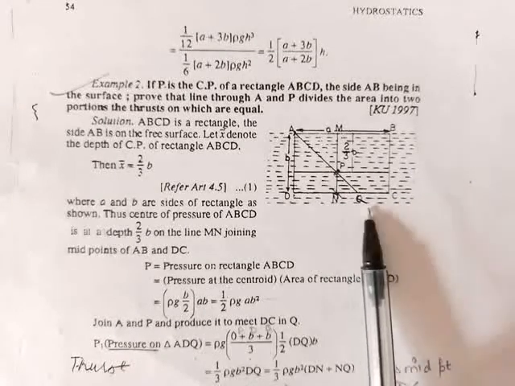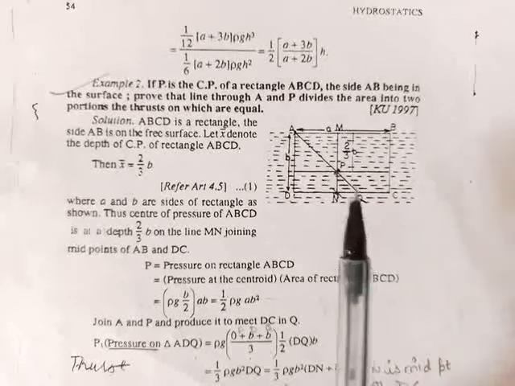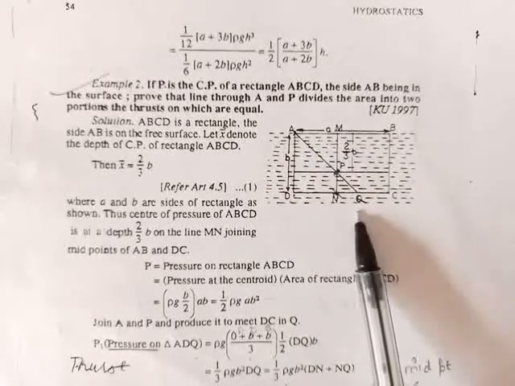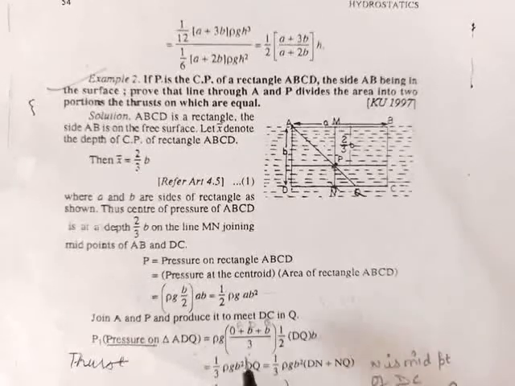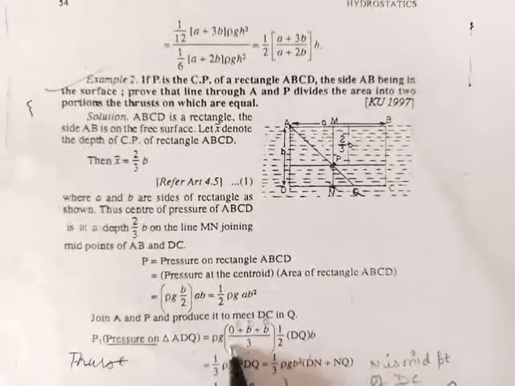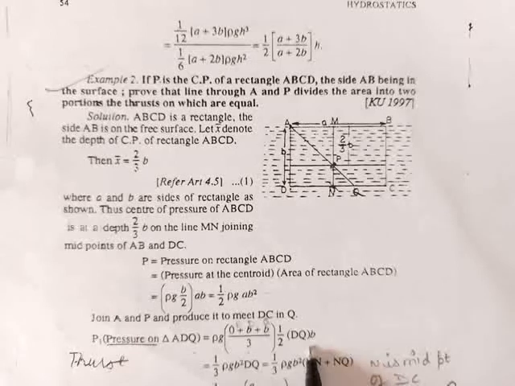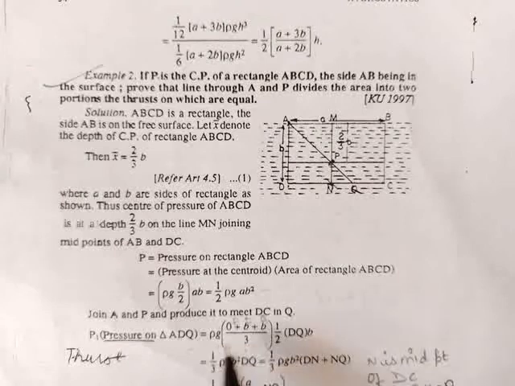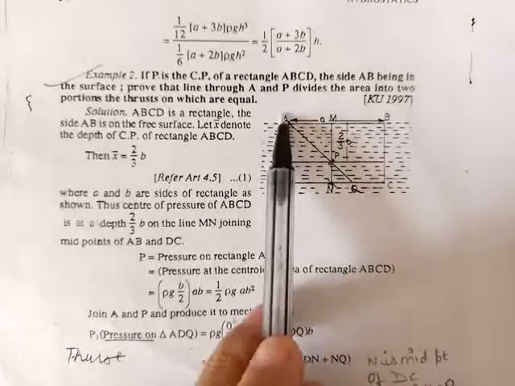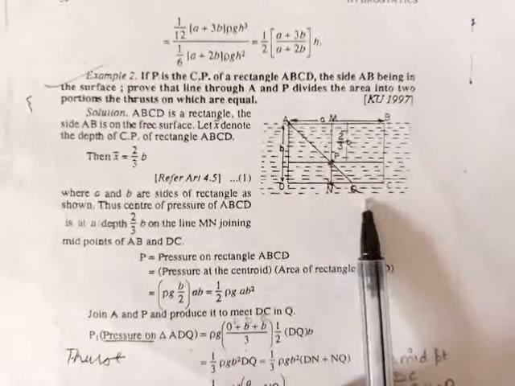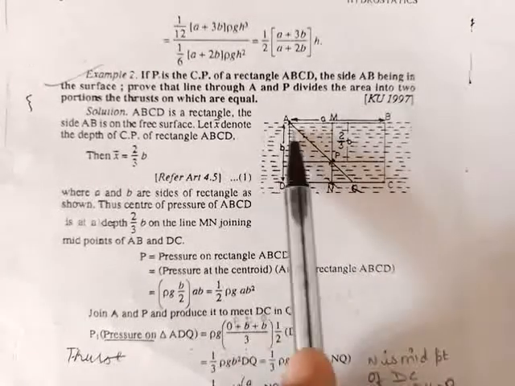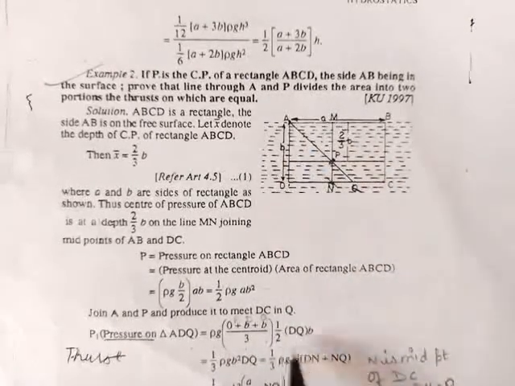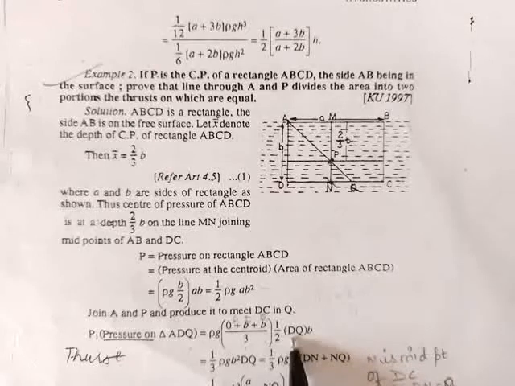Now let us find the thrust on triangle area ADQ. Again by the formula, this is given by pressure at center of gravity into area of triangle. Pressure at center of gravity is given by rho into g into (0 + 0 + b) divided by 3. Area of this triangle is half into base into height. Height of the triangle ADQ is b, base is DQ.